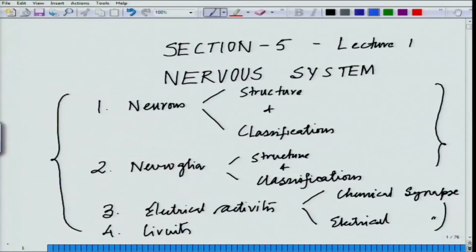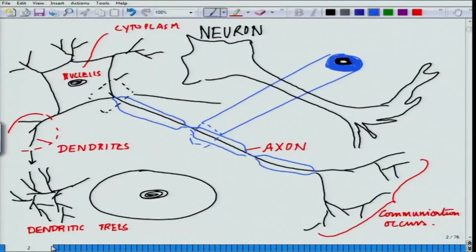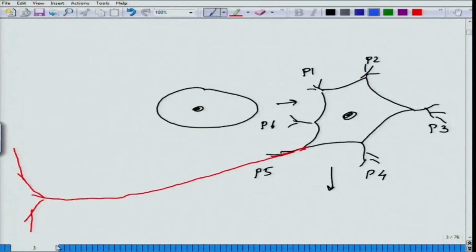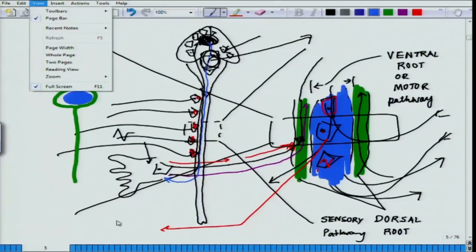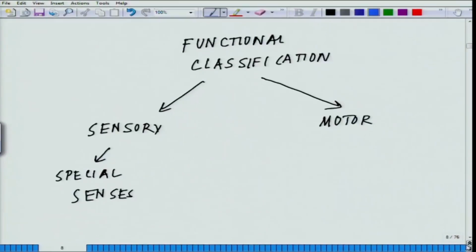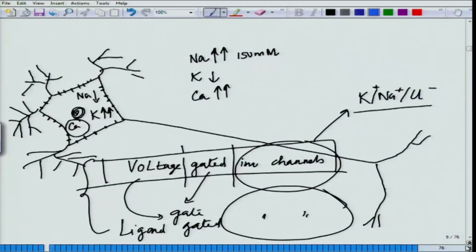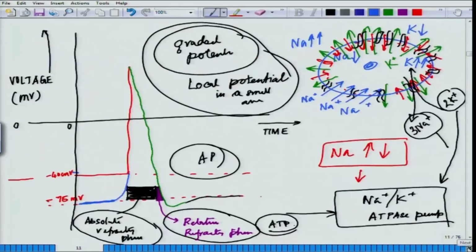But before I move into the synaptic cleft and all other things, I will just summarize what I have finished now. We talked about the neuron structures and classifications. We have not yet dealt with the glial part, we will be dealing with that. We talked about the basic architecture and the cross section, then how the polarity matters, then the basic structure of the nervous system, and the different structures of the neurons and their functional classification, and the voltage gated ion channels and how they help in generation of action potential.